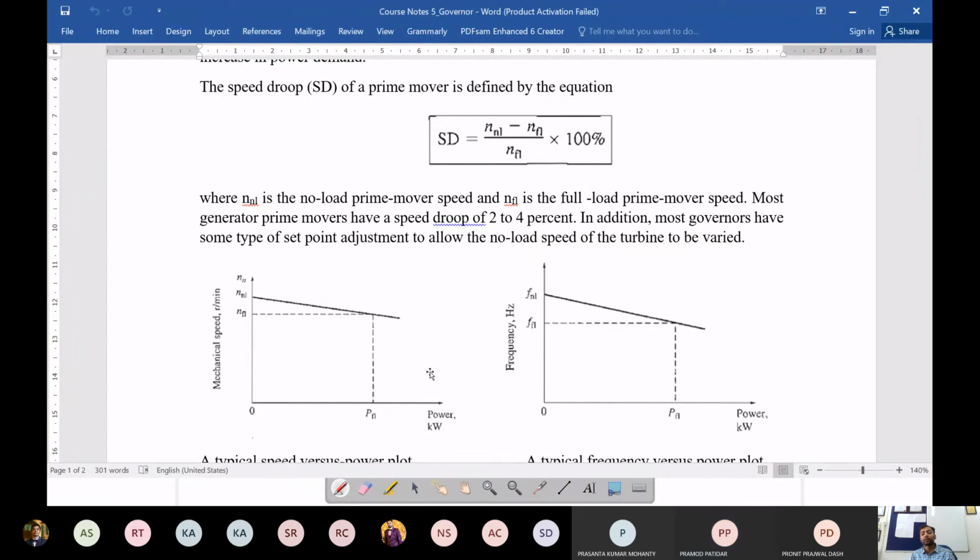Please note, we should not say this is the maximum. This is the rated power. Please recall the discussion when we were discussing generator concepts, that the maximum power which the generator can deliver is always very high. The rated power or the full load power is usually half or less than half of the maximum power. So it can go on either side. It's not the maximum. It is just the rated value.